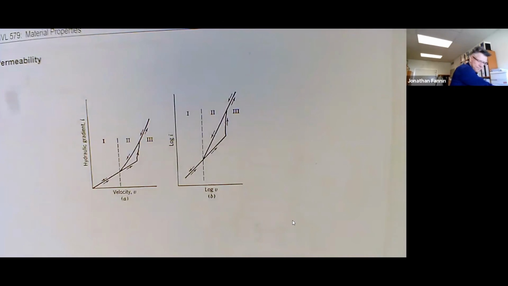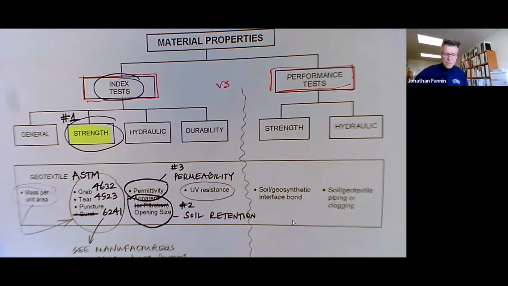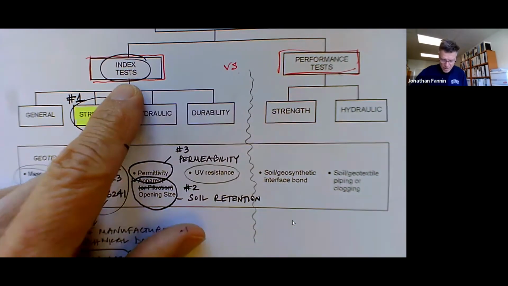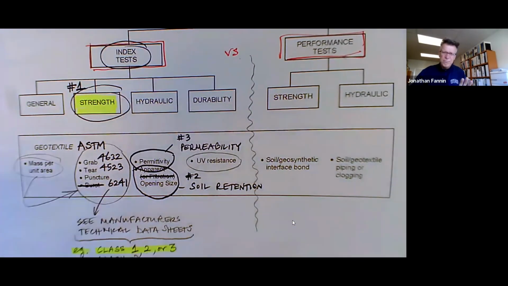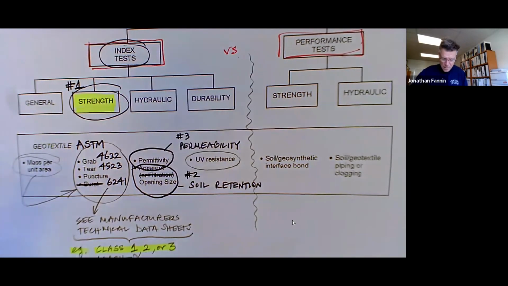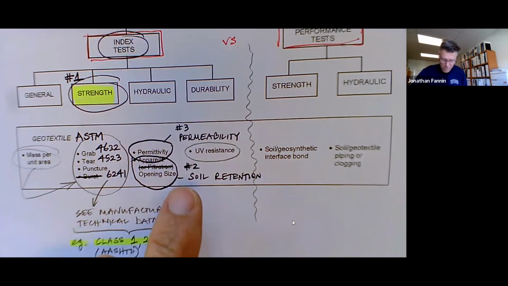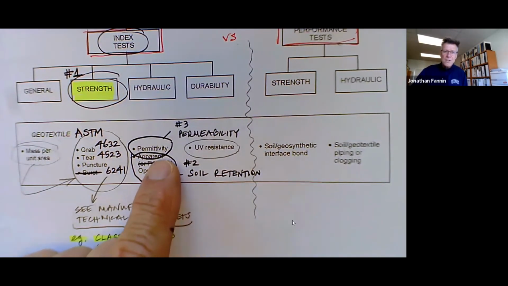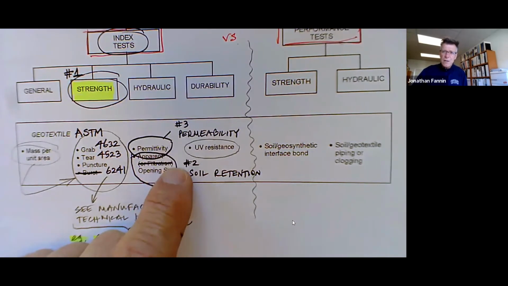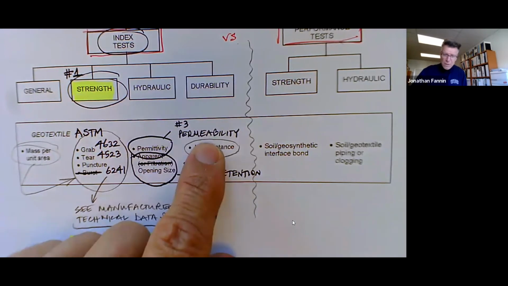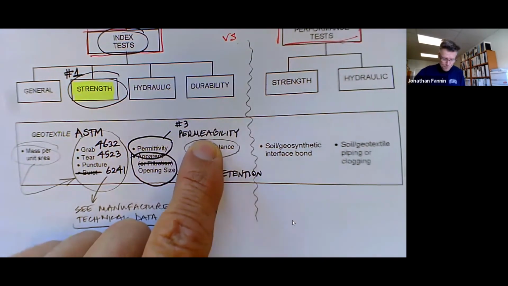Now, we go back to this page just to make sure we know where we are in the big picture. Index tests, we did the strength, well, almost acknowledged in passing. Then from a soil retention point of view, we'll be matching apparent opening size to grain size or base soil information. And then the third one is permeability.